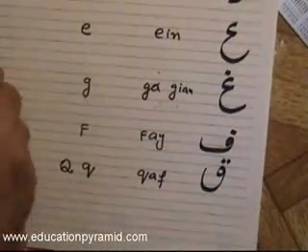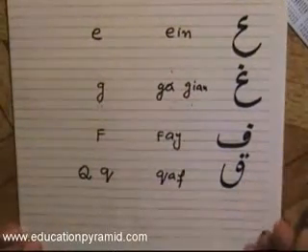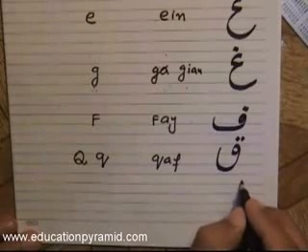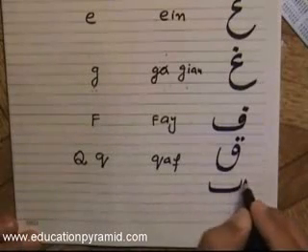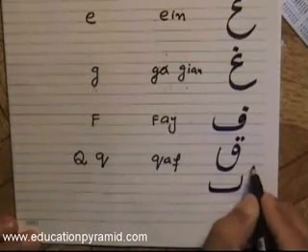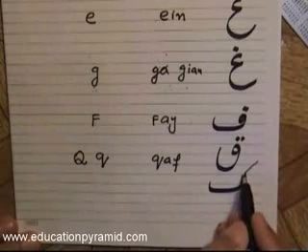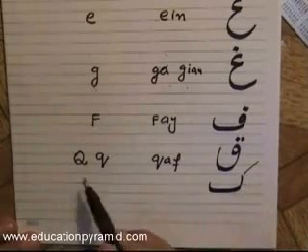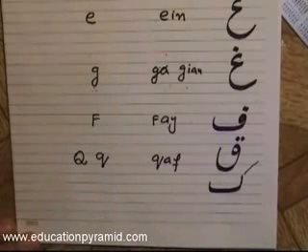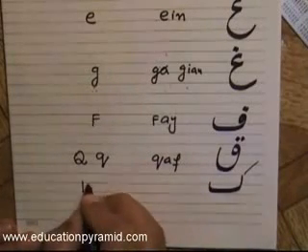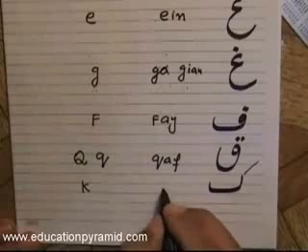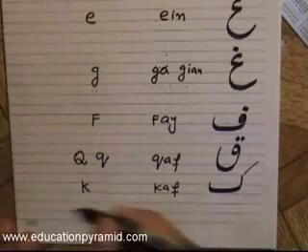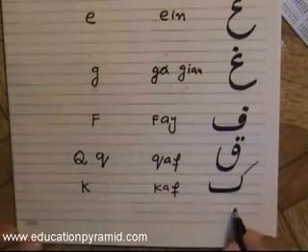Then we have another letter with the same sound, a bit longer. Kaf. Fe, Kaf, Kaf. Similar, and instead of Q we are starting it with K, like Kaf.